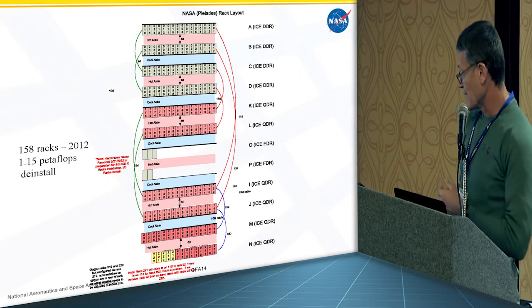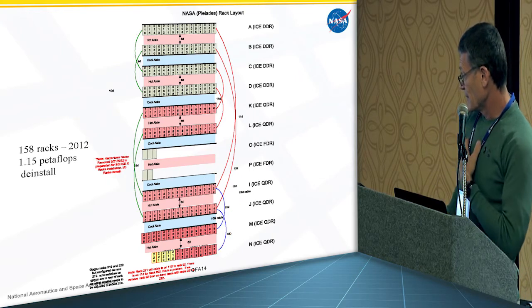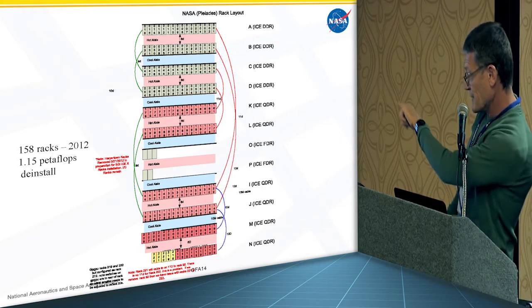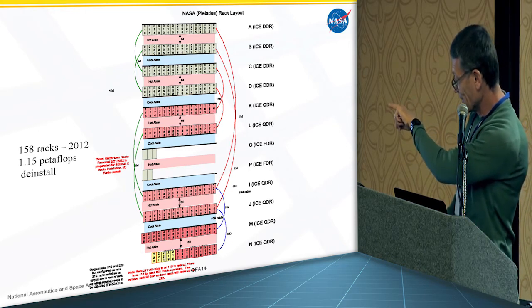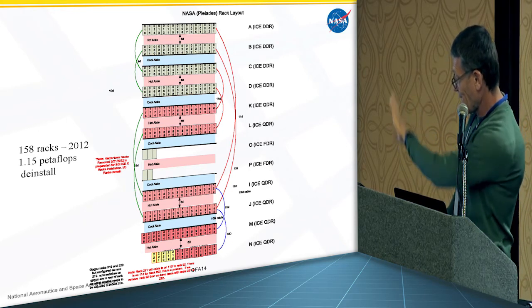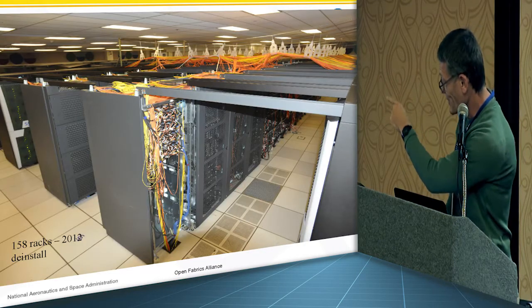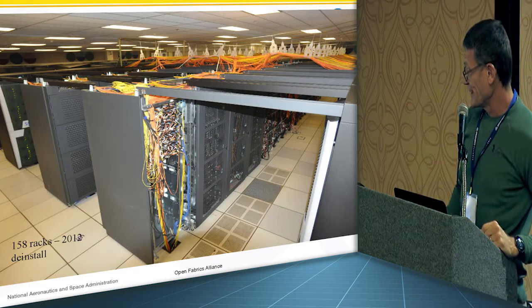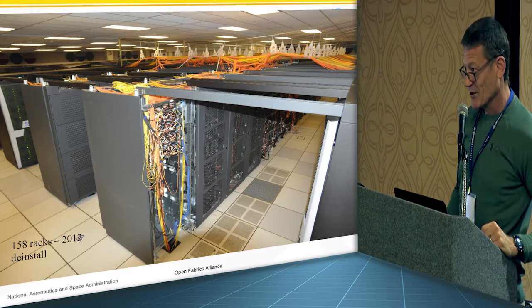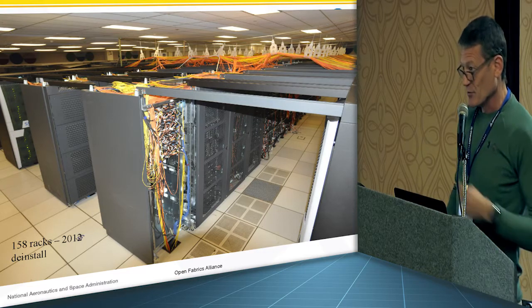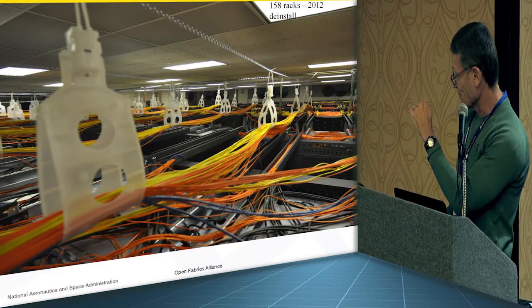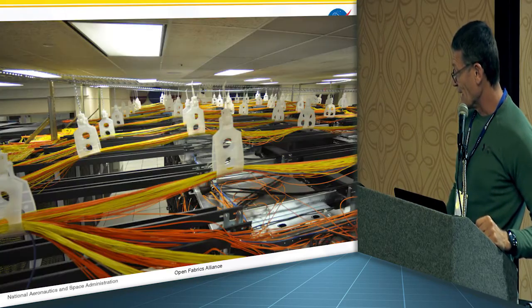And so this is, we actually deinstalled a bunch of racks in the middle. And so there are cables that go between all these rows. This is just a picture of what we had to do to raise the cables, to remove the racks from underneath those cables and install new racks in.